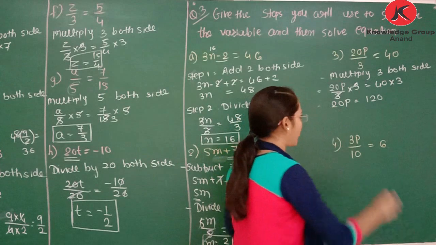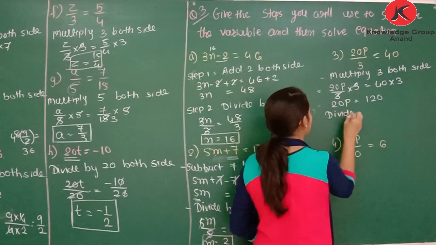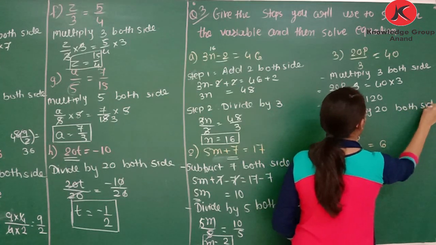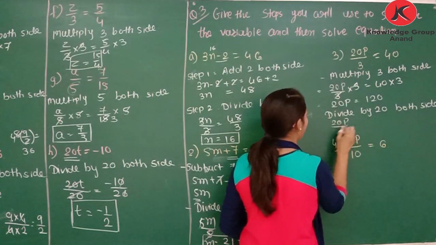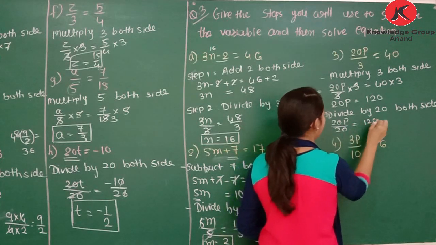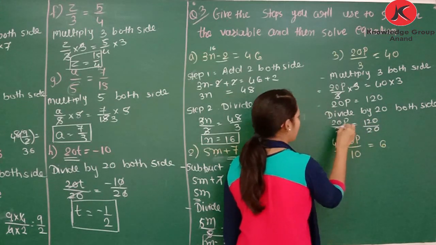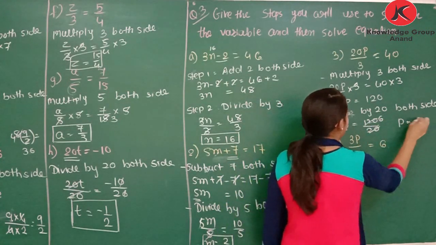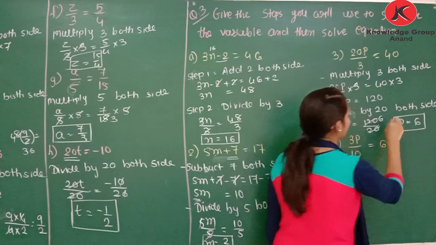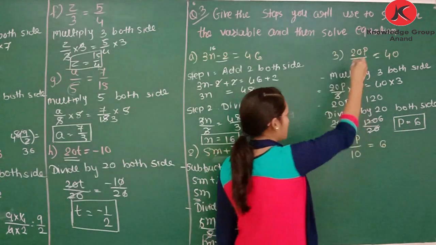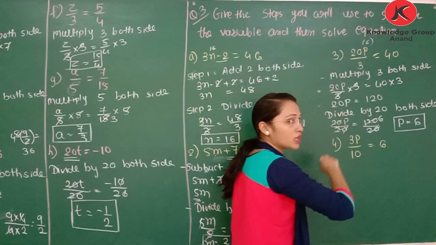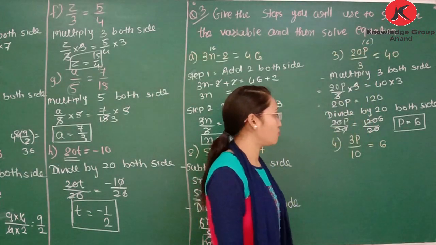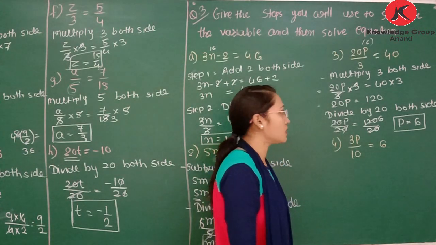So divide by 20. So you will get 20p by 20 is equal to 120 by 20. You can cancel this 20. 6 20s are 120. So p is equal to 6. If you want to check your answer, then instead of p you can write 6. 6 20s are 120 by 3. If you divide 120 by 3, you will get 40. Means your answer is correct.